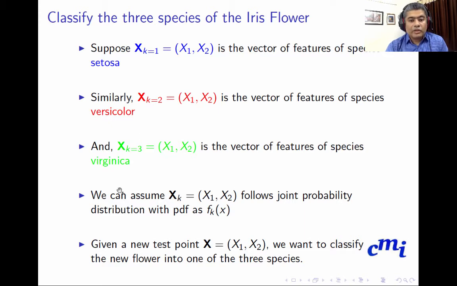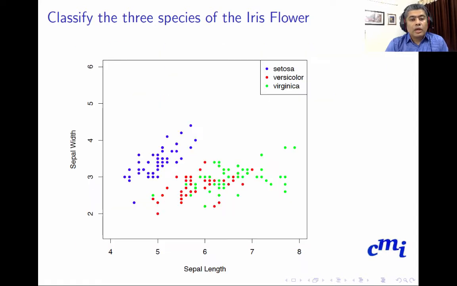So we can assume that x given k follows a joint probability distribution with PDF f_k(x). Now, given a new test point x = (x1, x2), we want to classify the new flower into one of the three species. Here is the data set that we have.